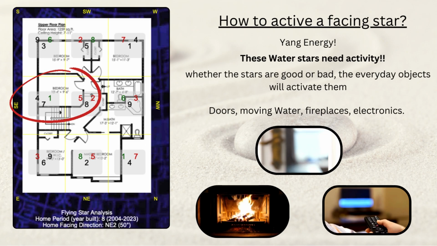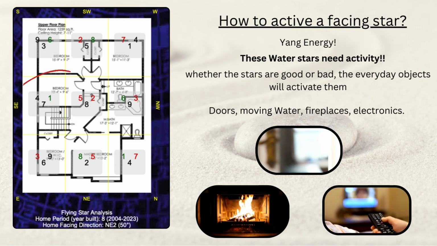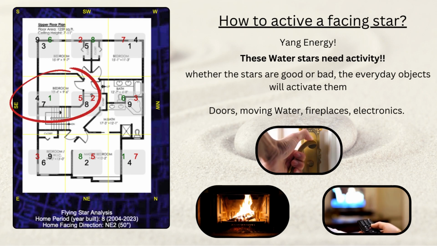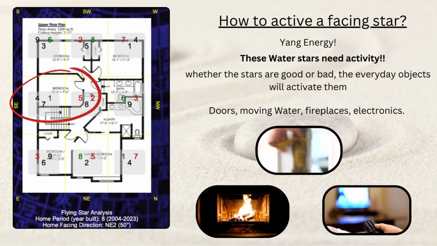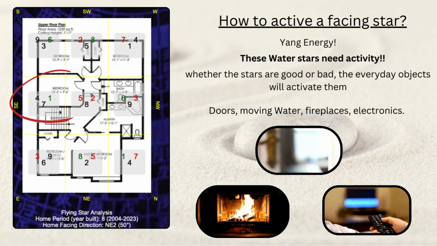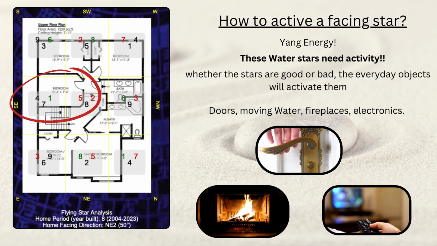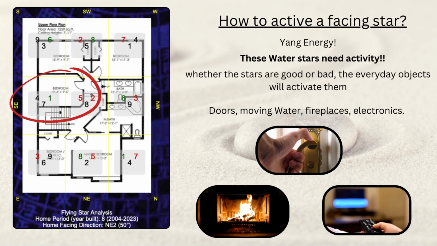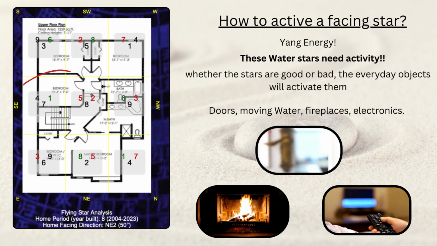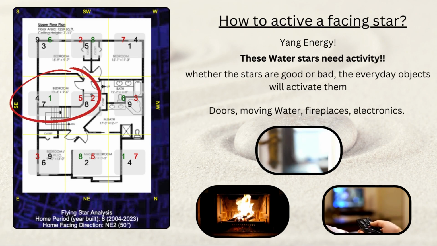It's a very positive star. And this is an image of my layout that I'm currently in, and I've used that bedroom for my office. So it's a perfect room for activating wealth. And how I activate that is by coming in and out, having my computer in here. It's just all that busy energy.